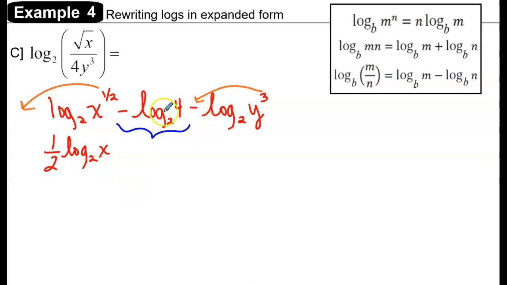So I'm going to simplify that term into minus 2. And then my last term, using the power property, I pull that coefficient 3 from the power, and then my log base 2 of y. And that would be my fully expanded form that's been simplified. So 1/2 log base 2 of x minus 2 minus 3 log base 2 of y.